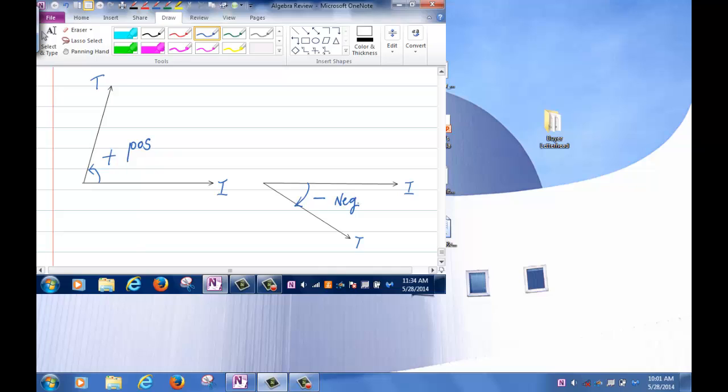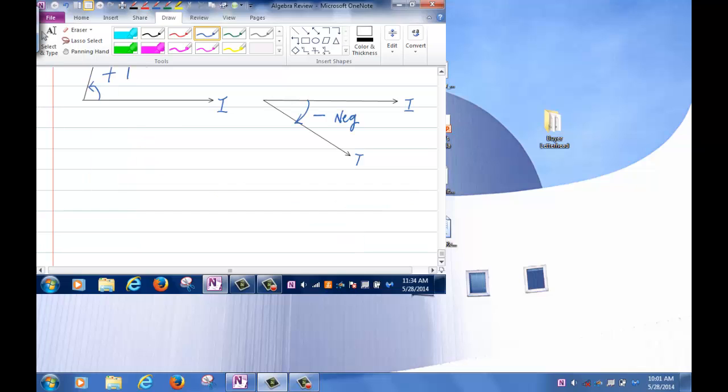Everybody's okay? So view the initial side as the fixed side, and the terminal side is being revolved in order to obtain your desired angle. Everybody is okay with that?